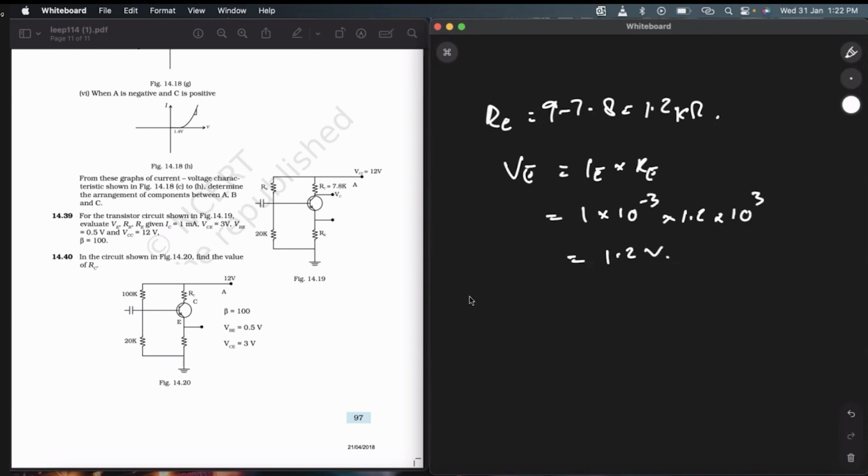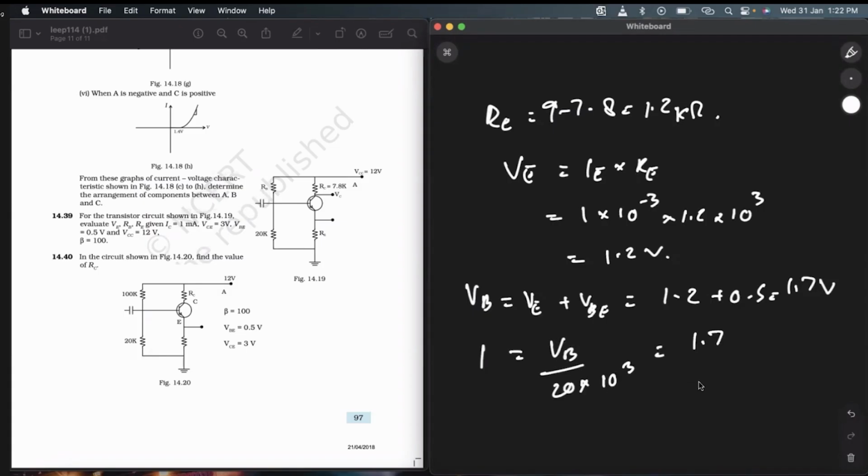Now I'll write VB is equal to VE plus VBE, which will be 1.2 plus 0.5, equal to 1.7 volts. Alright. Now current I in the circuit I say is VB upon 20 into 10 to the power of 3, which will be 1.7 upon 20 into 10 to the power of 3. It will be 0.085 milliampere. Okay.